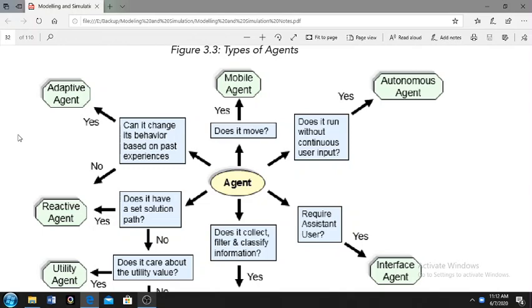If you can react based on last experience, it means you are a learning system. So intelligence has to do with that capacity to adapt. If you cannot adapt, then you are not intelligent. If you cannot learn from your past experience, then you cannot adapt.